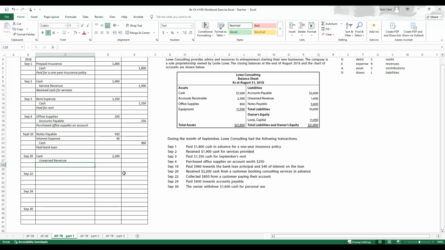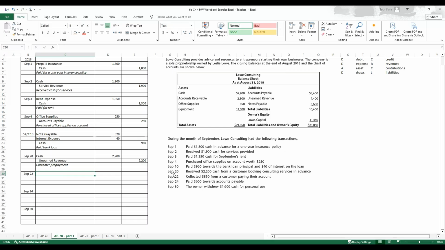We have not yet earned the money that they've given us. It is unearned revenue at this point. And it's a liability. So liabilities increase with the credit. And we're going to say customer prepayment. Okay.